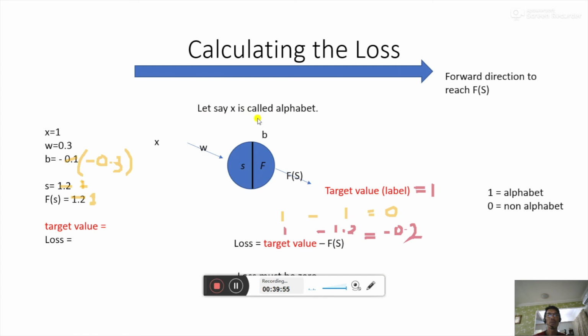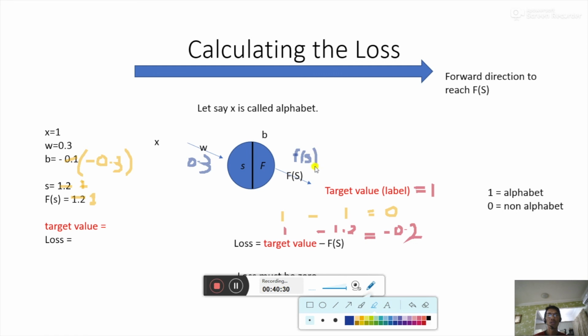My neuron will have these values. W is basically 0.3, and F of S is equal to S, and B is negative 0.3.